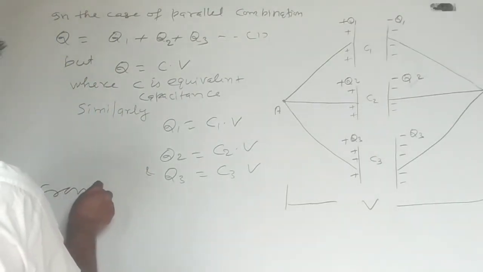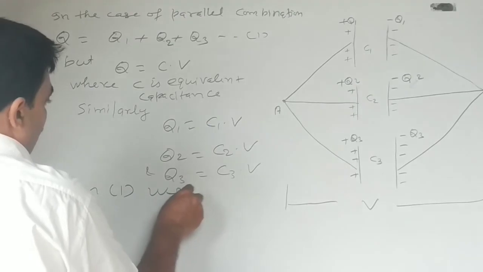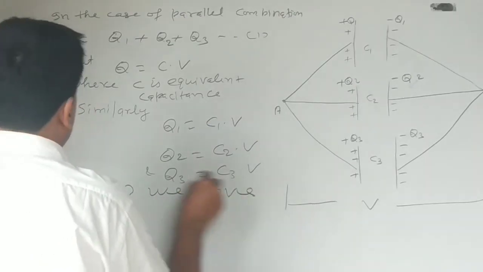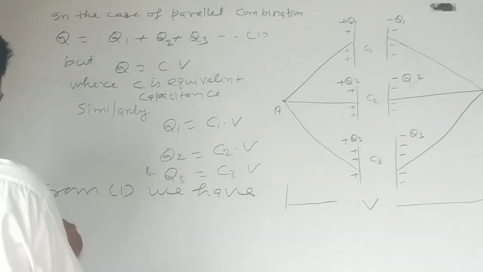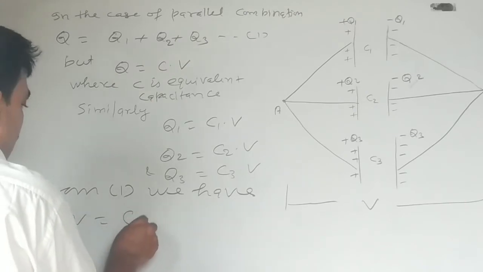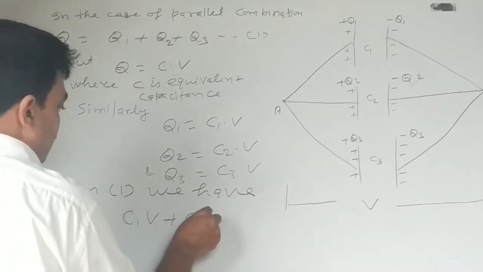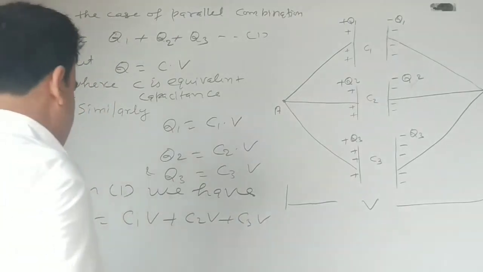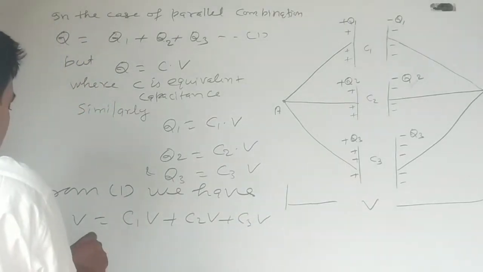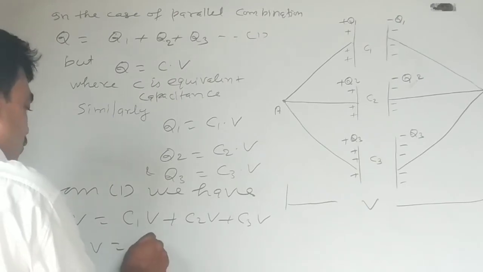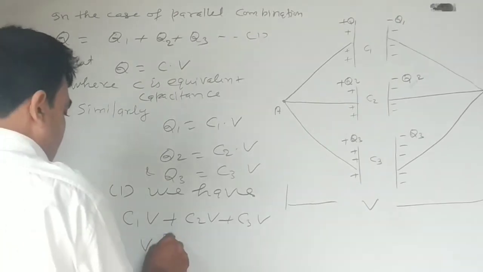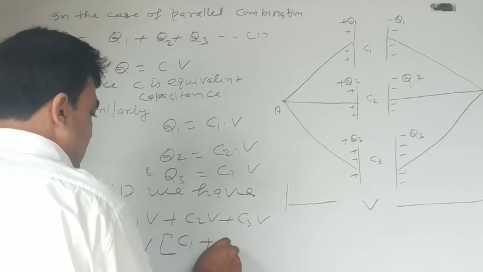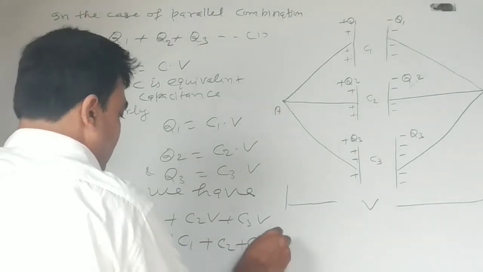From equation 1 we have C into V is equal to C1V plus C2V plus C3V. Here V is common. CV is equal to V into C1 plus C2 plus C3.